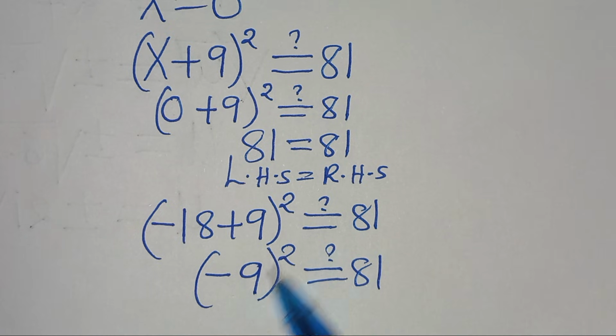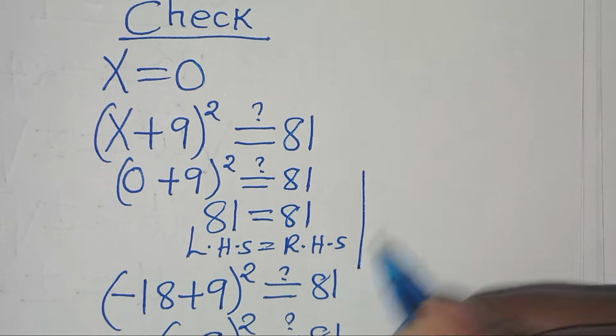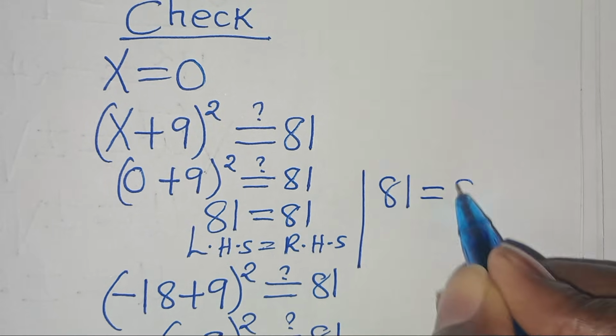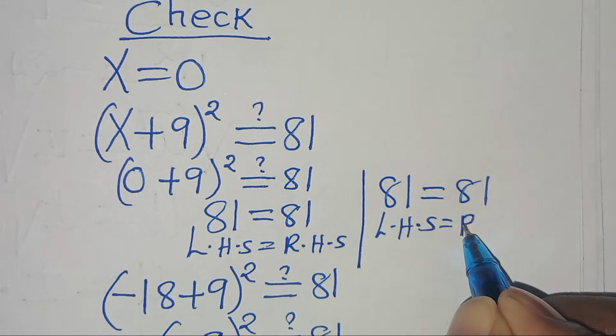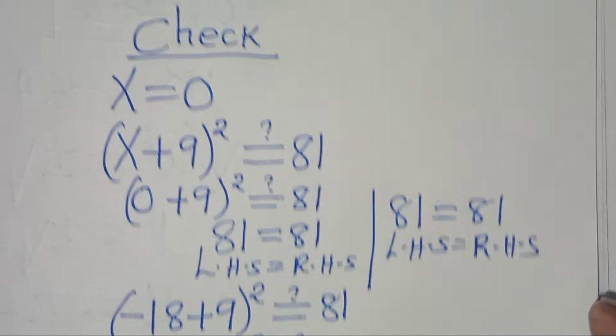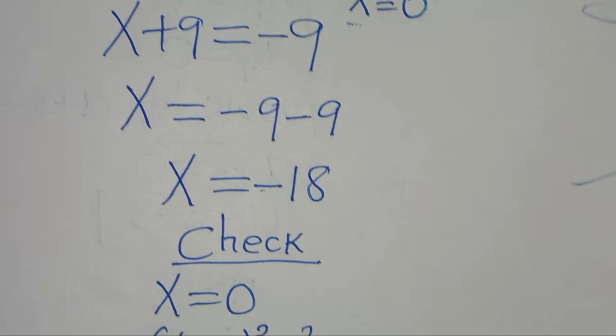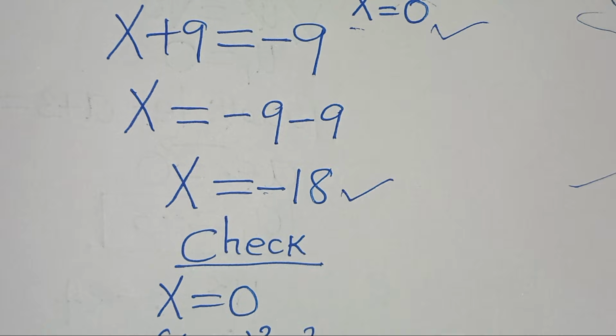So (-9)^2 is equal to 81. This is 81, which is equal to 81. So the left hand side is equal to the right hand side. And this proves that the values of x, 0 and minus 18, satisfy the equation.